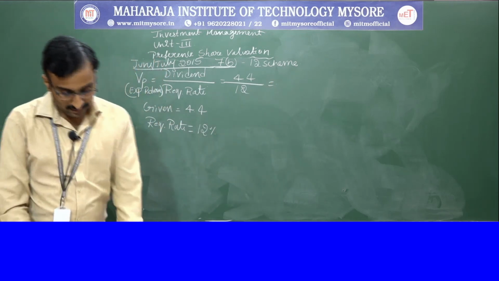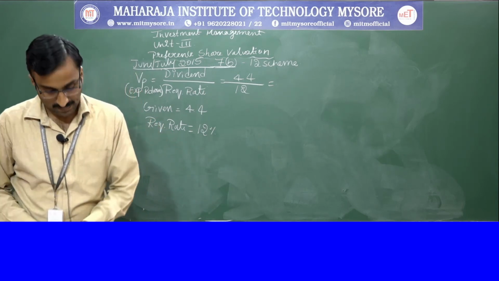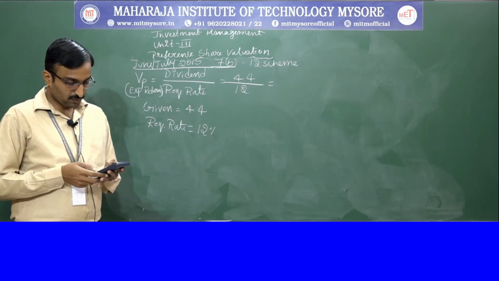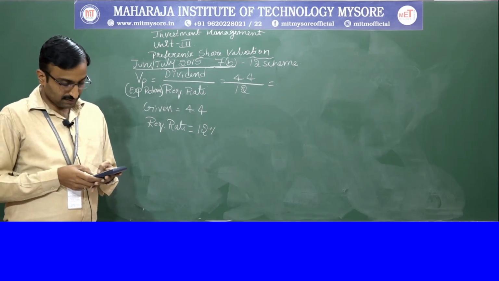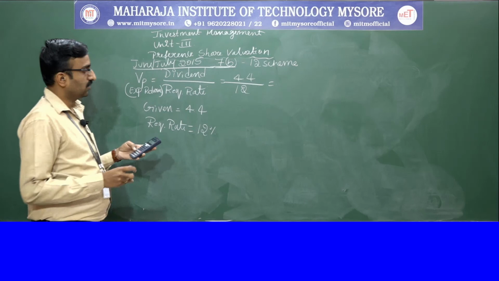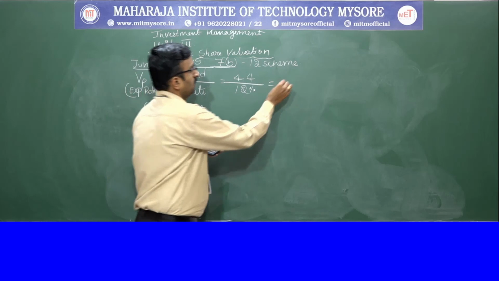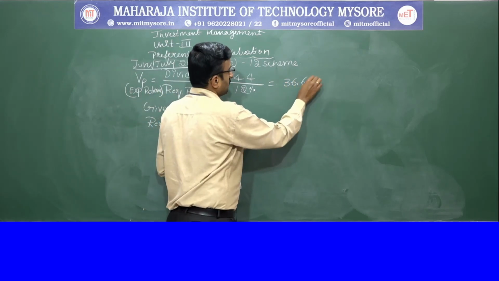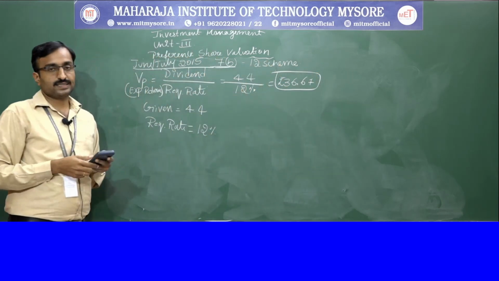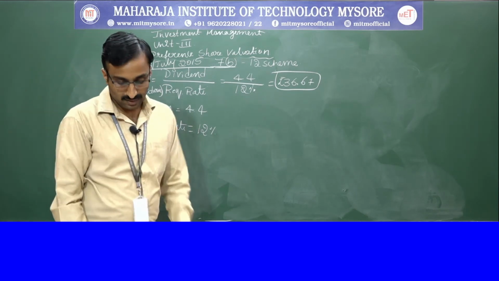So do it in your calculator. 4.4 divided by 12%, which means 0.12. So I will get 36.67 rupees. The value of the preference share is 36 rupees 67 paisa. This is how we solve the problem.